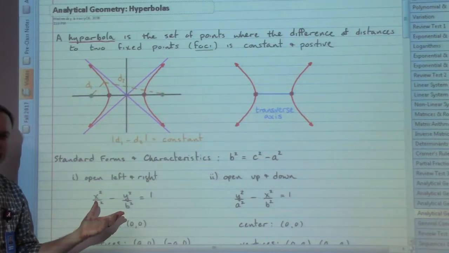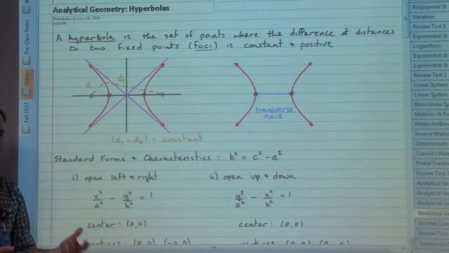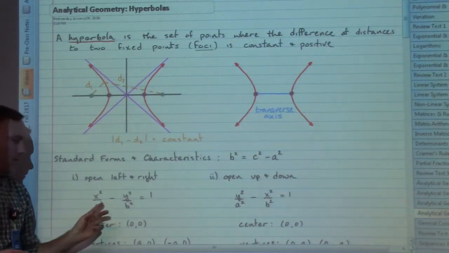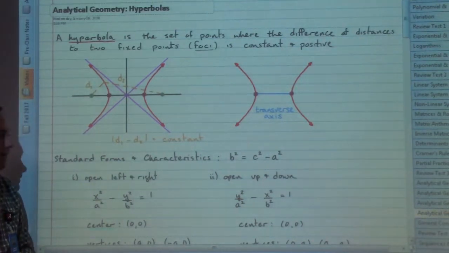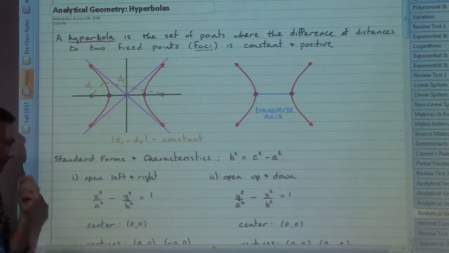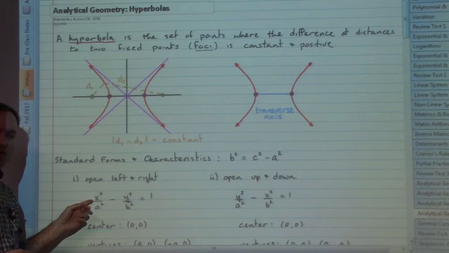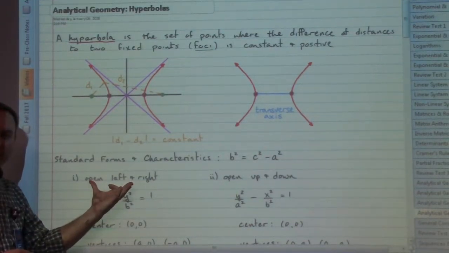The equations. Instead of having an equation where we only have plus signs between our x stuff and our y stuff, in the hyperbola we have a minus sign in between them. So what we can say about this particular situation is that when the x squared stuff is positive, we open to the left and right.